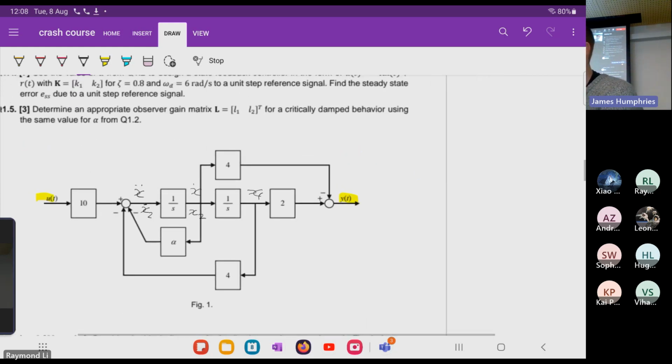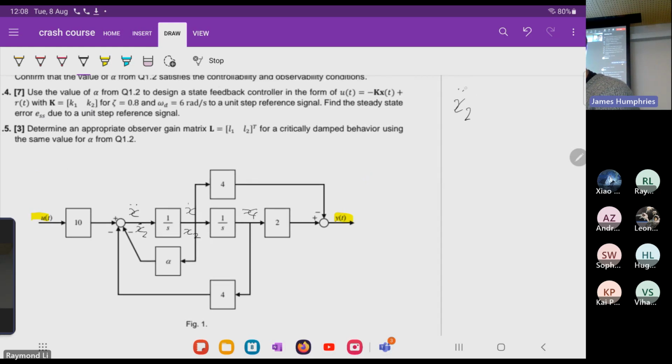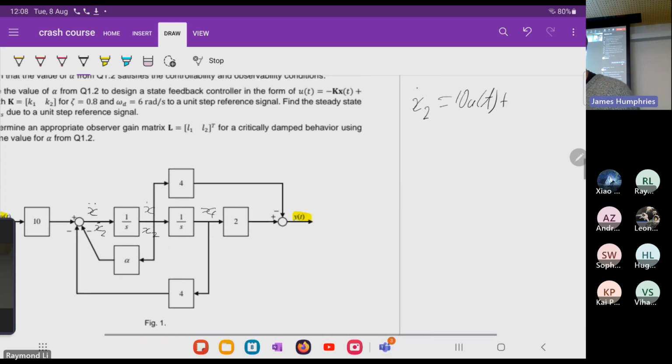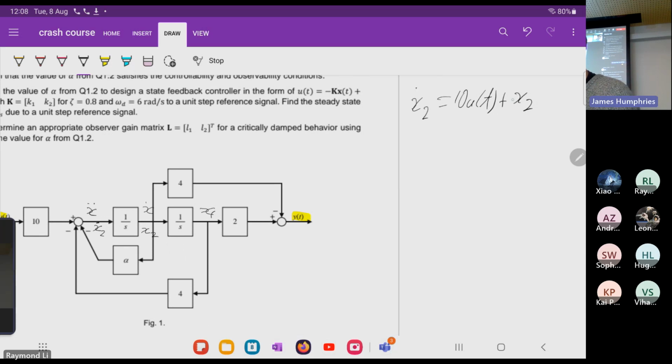And so then if I wanted to find an equation for X2 dot, we say it's going to be equal to 10 u of t minus X2 minus X1 times 4.